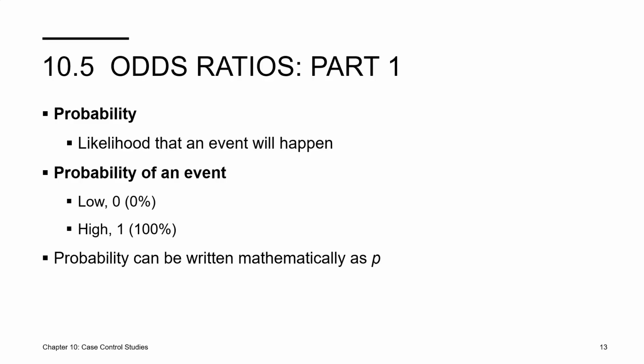And these are on the scale of 0 being the low probability that an event will happen, and the event in a case control study would be the exposure, because you're looking at the exposure and already know the disease. A high likelihood of that is 1 or 100%, and so it would be a high likelihood that they've been exposed. And mathematically, probabilities are typically written with the Greek letter for P.